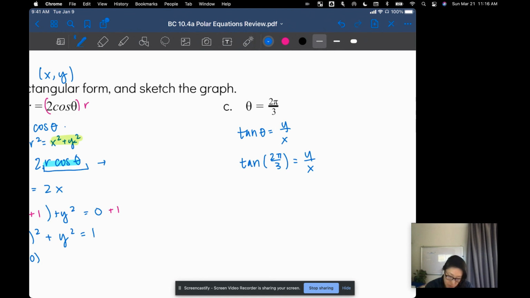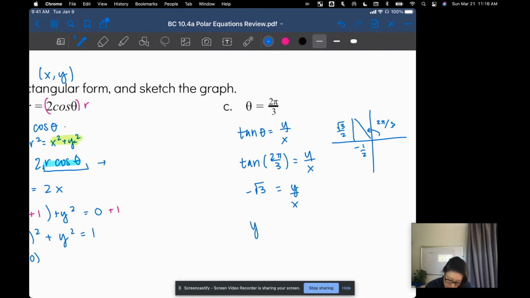The tangent of 2 pi over 3 means that the vertical length is longer, so root 3 over 2 over negative 1/2. When I divide those, I get negative root 3 is equal to y over x.